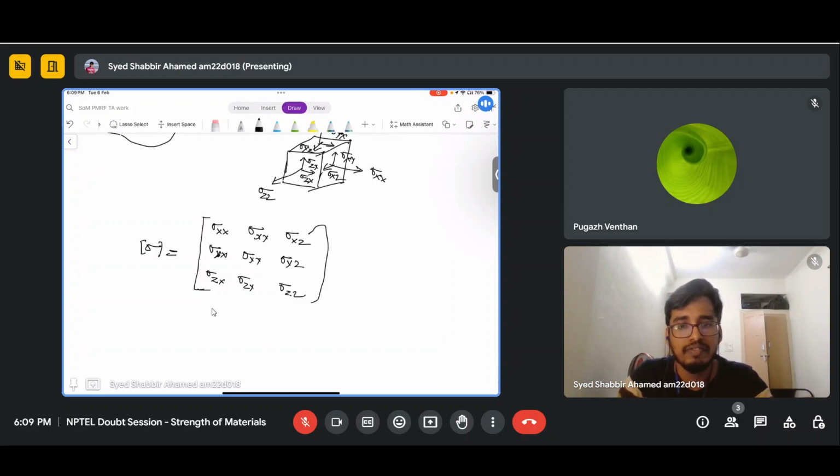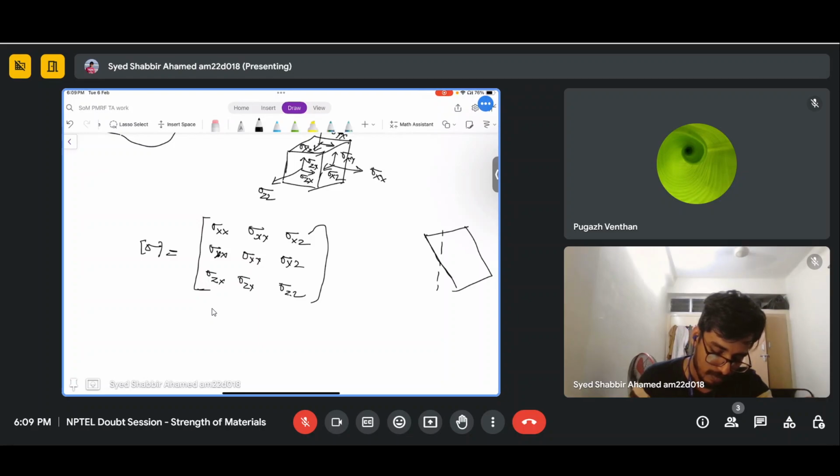So using this, we can calculate the stress at any plane which is at a certain angle. Like if I give any plane at some angle, let's say theta with respect to this axis. There can be many planes, an infinite number of planes.